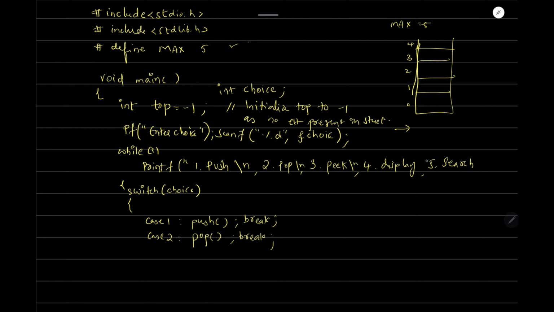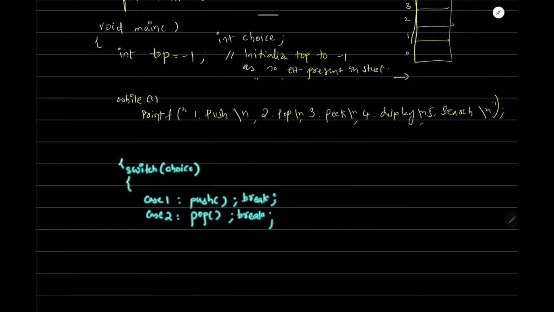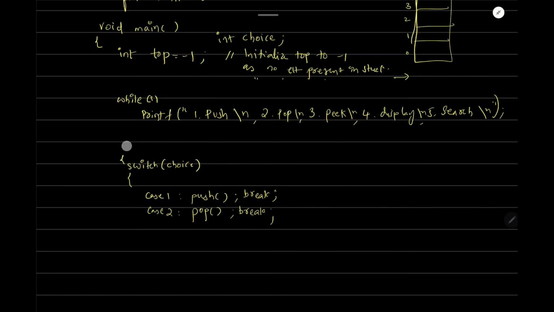I will write \n. Fine. I think I should also write this statement in the while loop. And after displaying it, basically printf enter choice \n, scanf %d choice. Yeah, now it is fine.